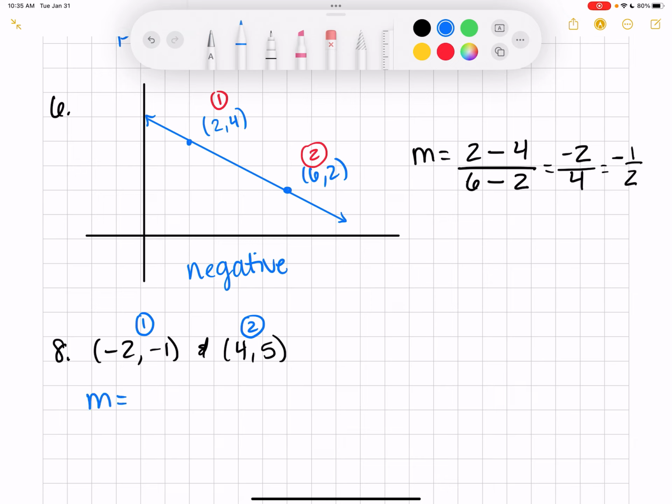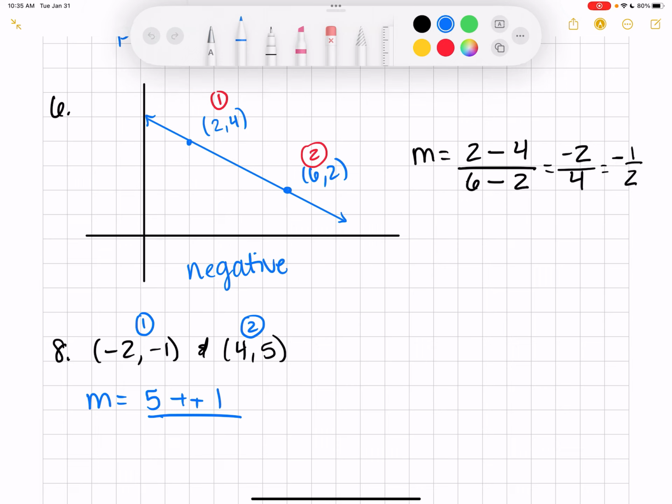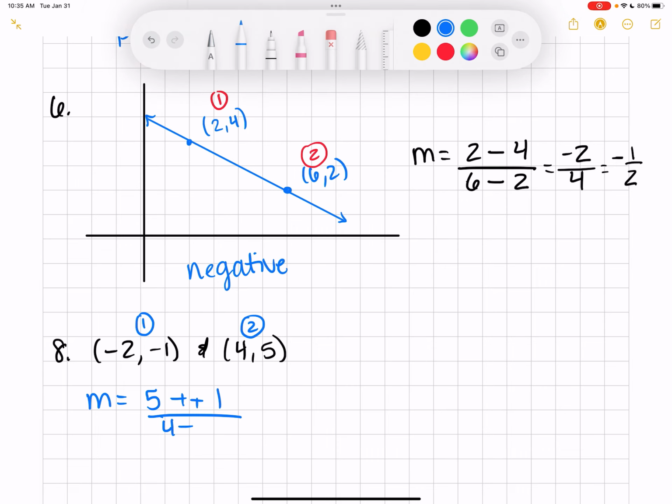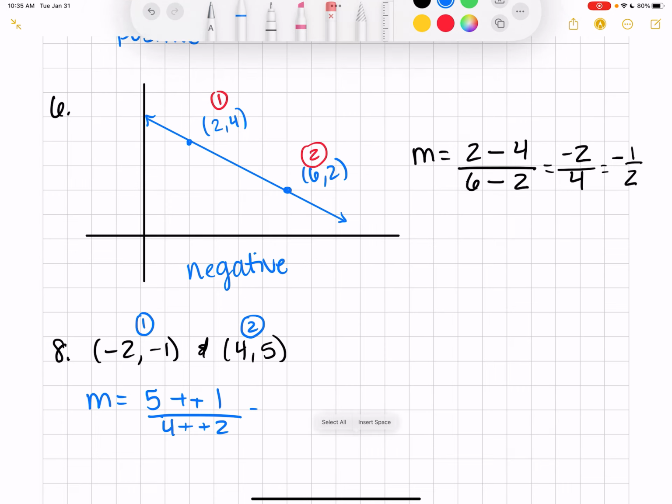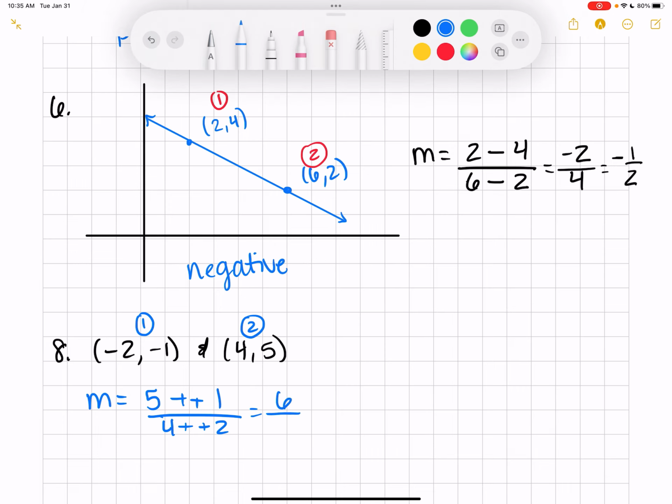So m is equal to y2, just 5, minus y1 is -1, so minus a negative is going to become plus, over x2, which is 4, minus x1, which is -2. So negative negative becomes positive, so 5 plus 1 is 6, over 4 plus 2 is 6, and so that just reduces to 1. So our slope is 1 for this one.